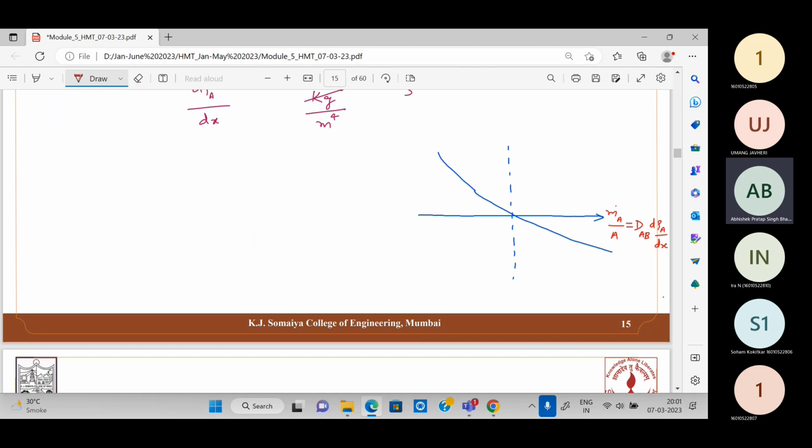Now what is this? This represents the imaginary plane. And this represents the concentration profile.